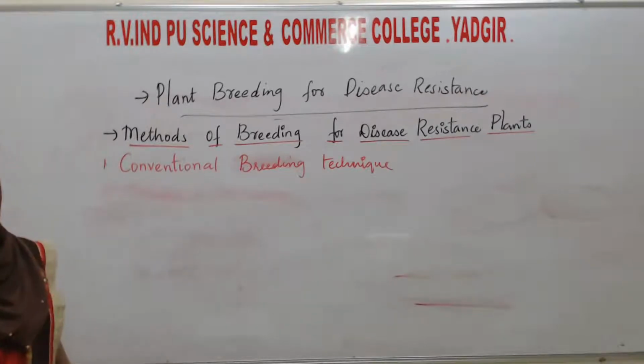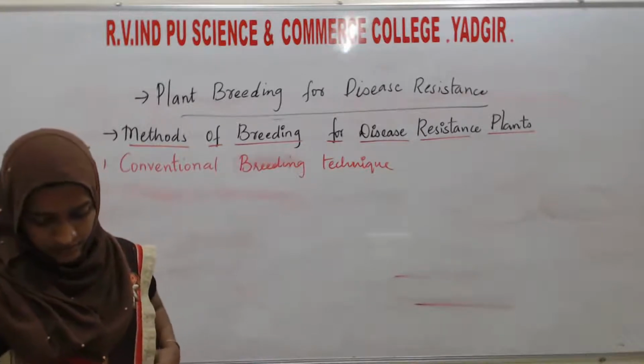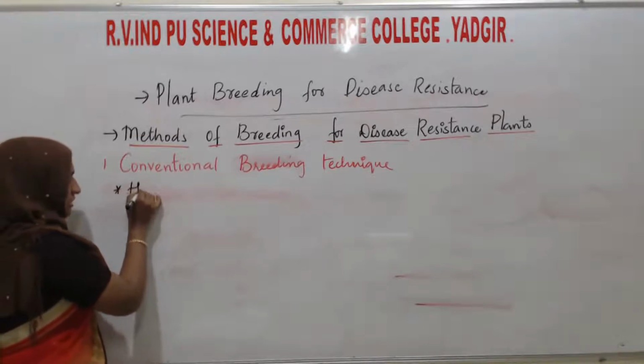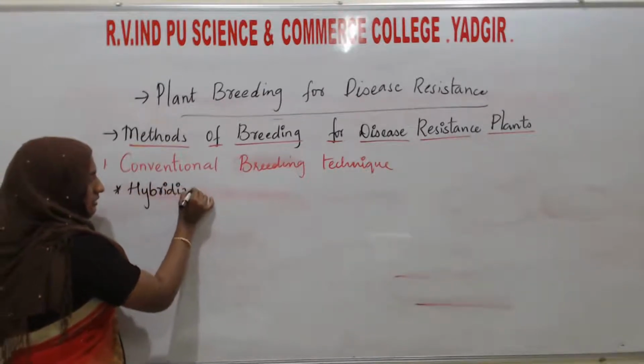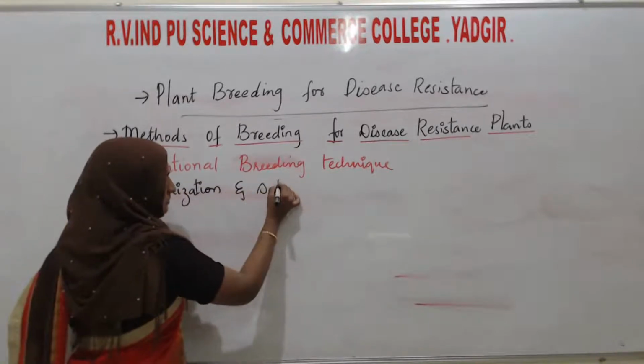In conventional breeding for disease resistance, the two very important things are hybridization and selection.